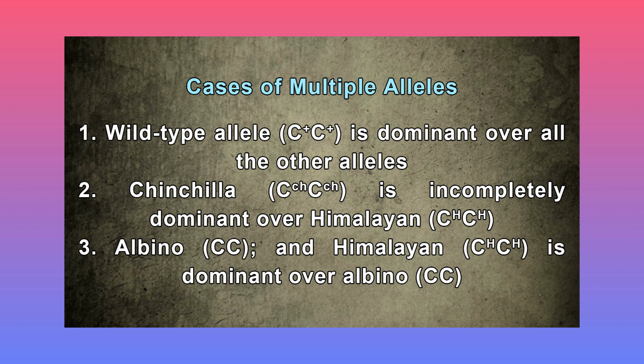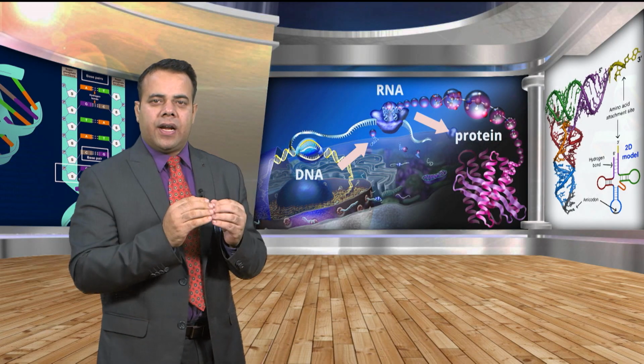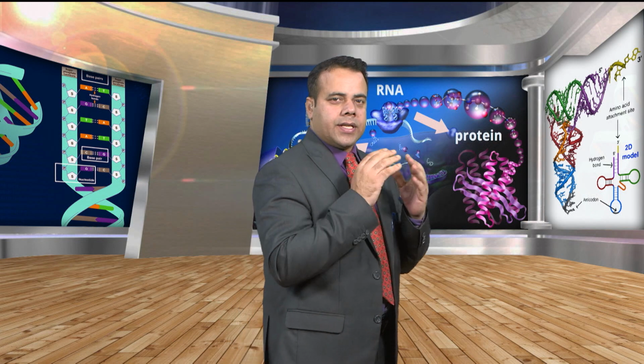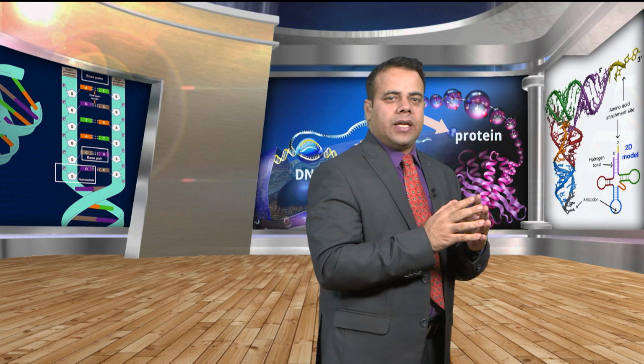So Himalayan, that is C^h genotype, is dominant over albino, C genotype. This hierarchy or allelic series was revealed by observing the phenotypes of each possible heterozygote offspring.